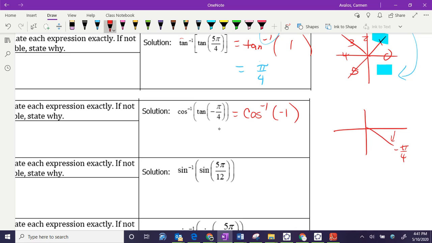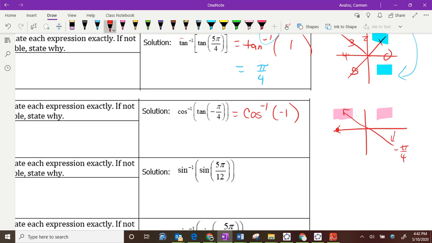And so now I have the inverse. Well, cosine is restricted in quadrants 1 and 2. So this negative part has to be in quadrant 2 right here. And it's saying cosine inverse of -1. And -1 is not falling anywhere in that quadrant, but on the quadrantal angle right here.